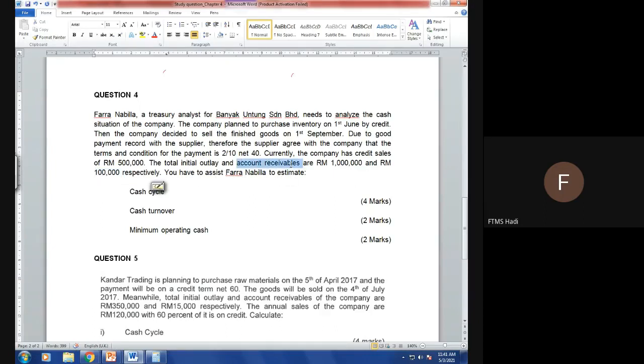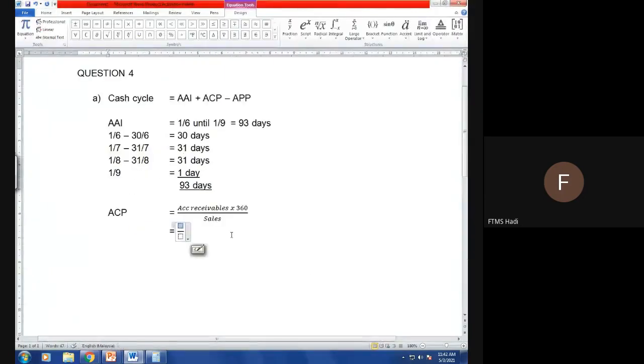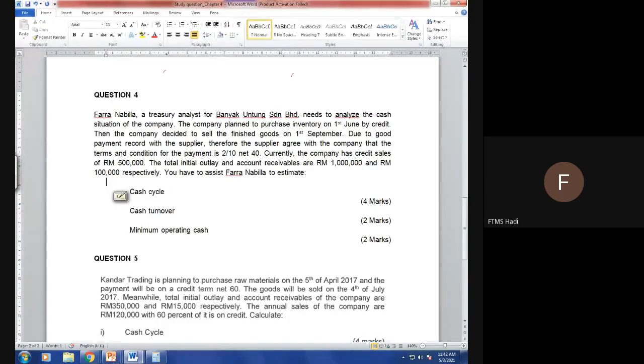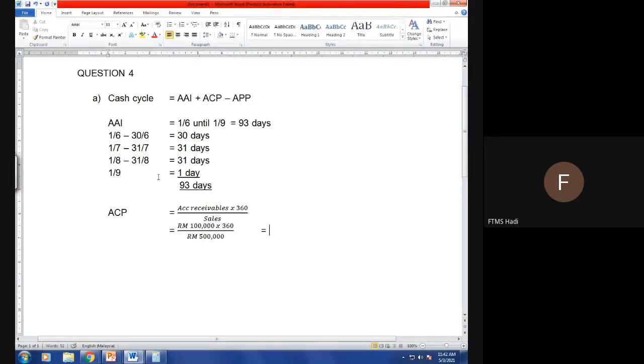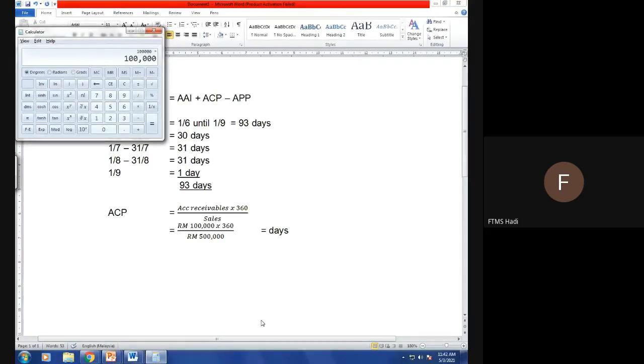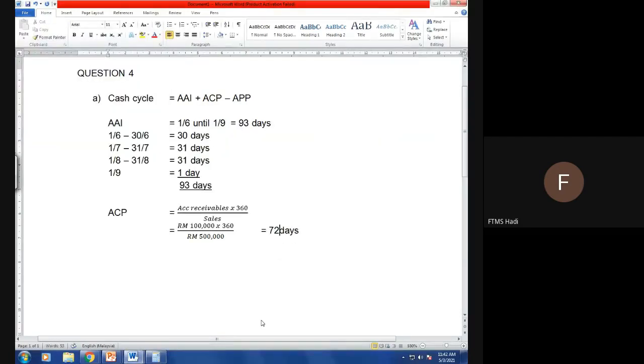That means account receivable is RM 100,000, multiplied by 360 days divided by sales. The company has credit sales of 500,000. The answer will be in days. Let's calculate: 100,000 multiplied by 360 divided by 500,000, which is 72 days.